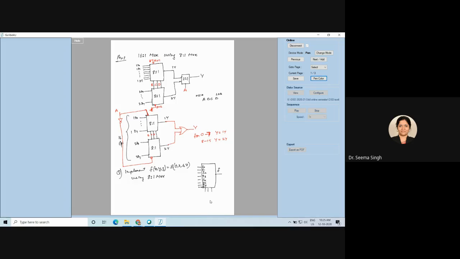You have to think what I have to do so that when a 0 occurs for XYZ, when a 2 occurs, that means when XYZ is 0,0,0, when XYZ is 0,1,0, when XYZ is 1,1,0, and when it is 1,1,1, all these 4 cases, F should be high.